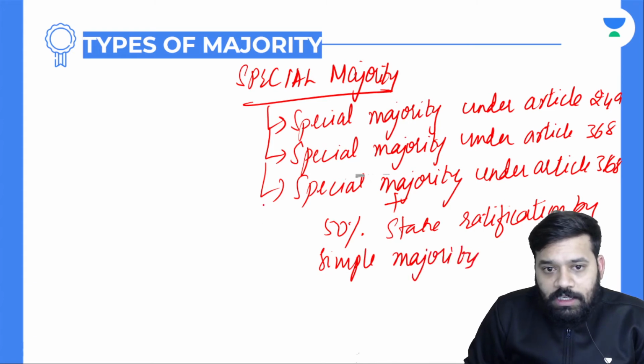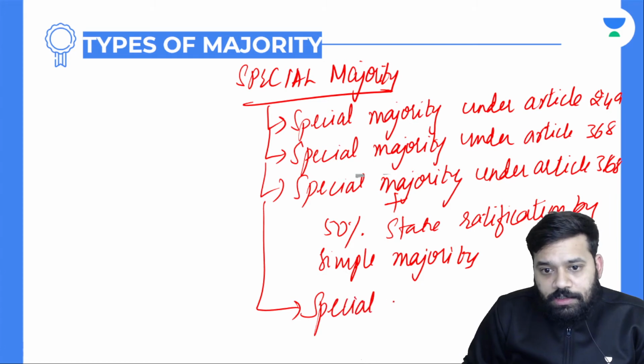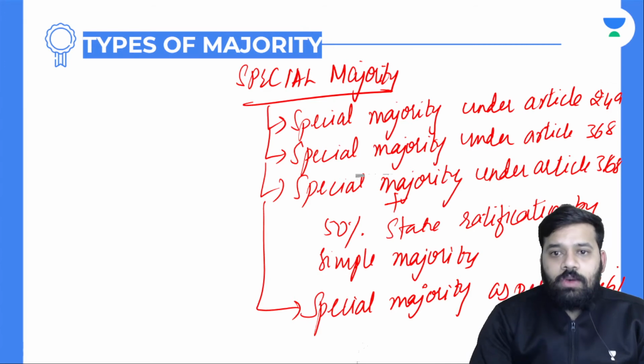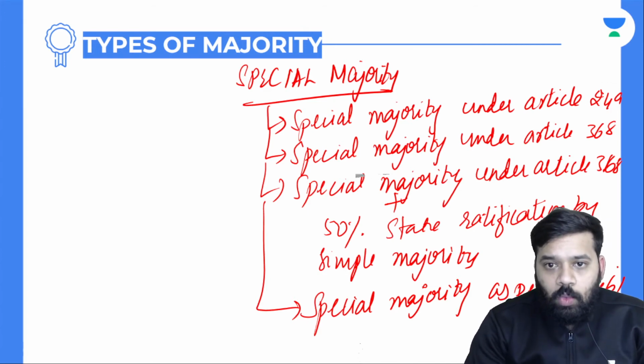Then the fourth type of majority is special majority as per Article 61. So now let us take one special majority and look into it.